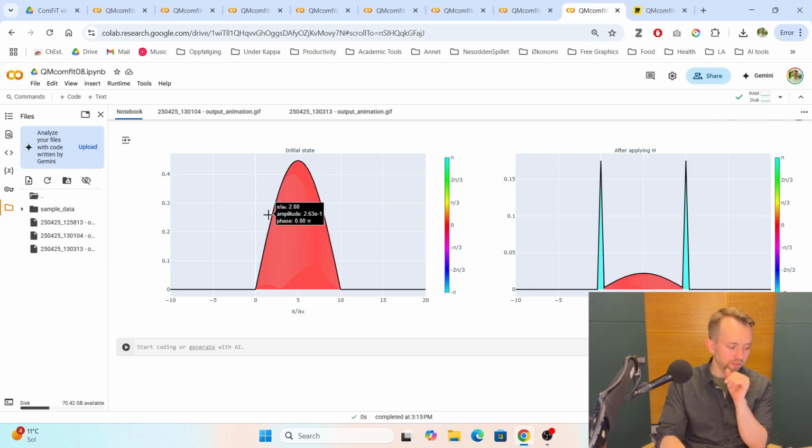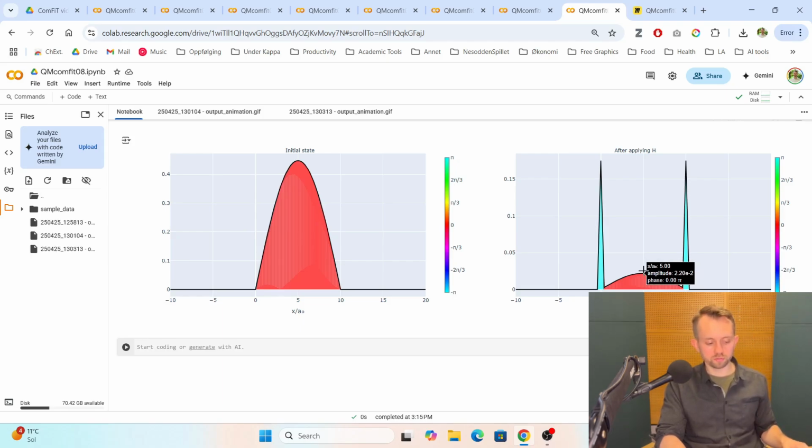And what we see is that this shape here, the wave function, looks exactly the same, only it has a very much smaller value. You can see the top here is only 0.022, whereas originally the top was 0.46, which means it has been reduced by a large factor, but the shape is the same.